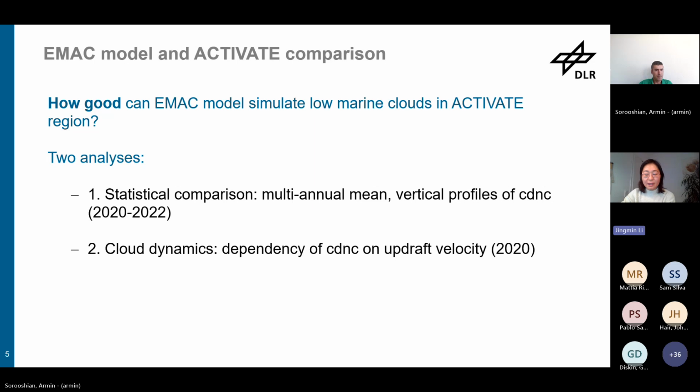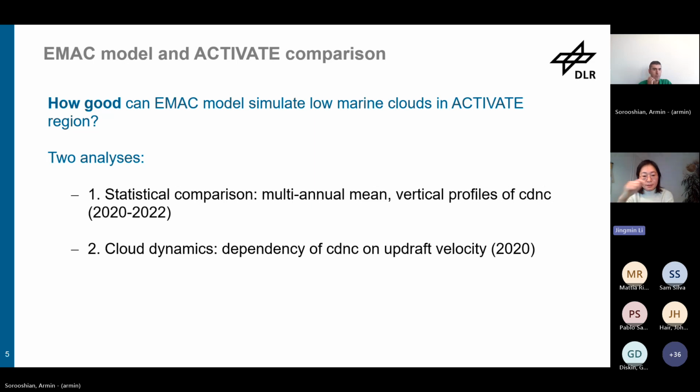After having data from both the EMAC model and ACTIVATE, we are able to evaluate how well EMAC can simulate low marine clouds in the ACTIVATE region. Basically, to repeat, we did 2 analyses. The first is the statistical comparison. We will compare the multi-annual mean of CDNC values and the vertical profile of CDNC values.